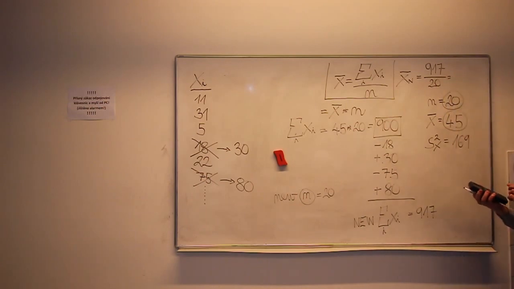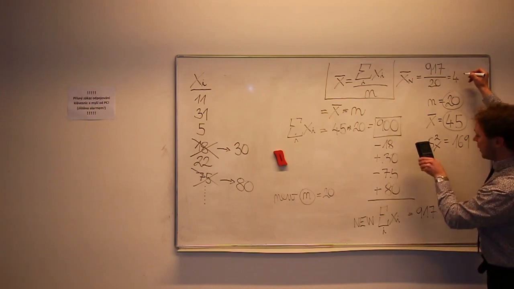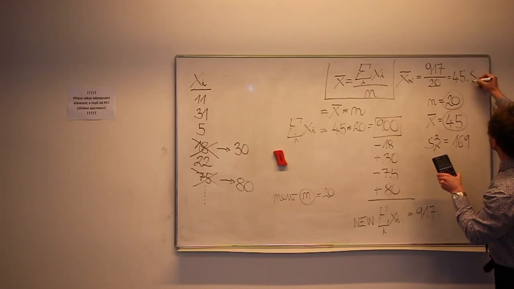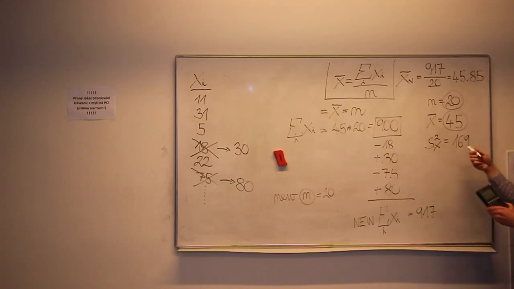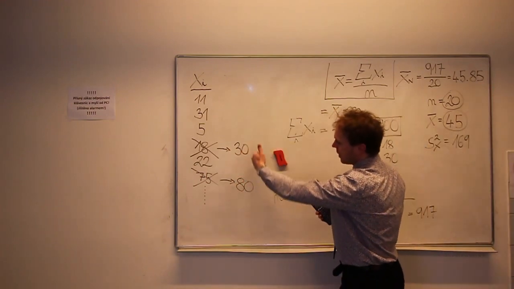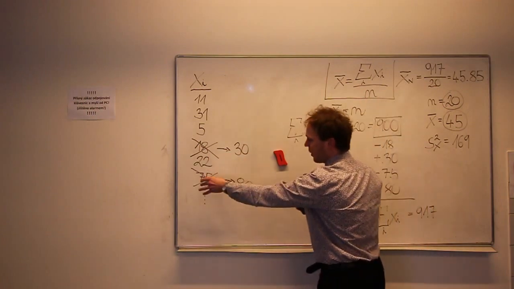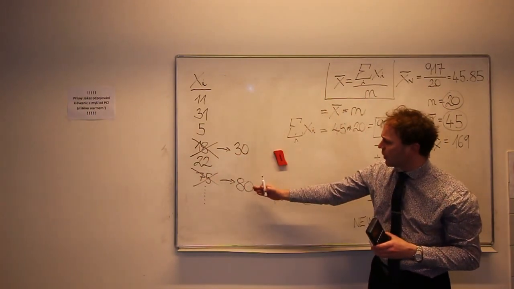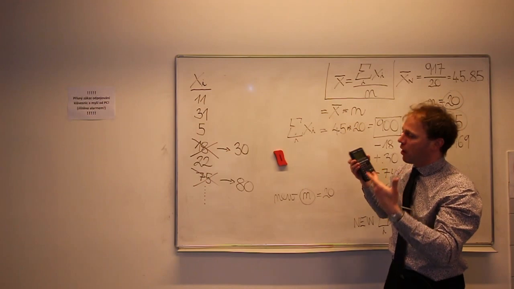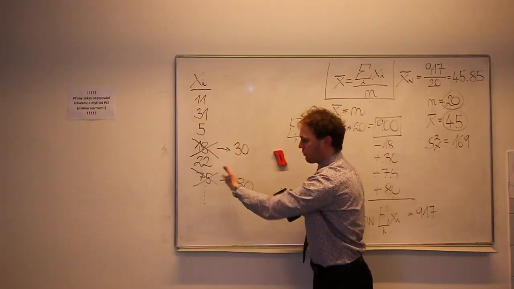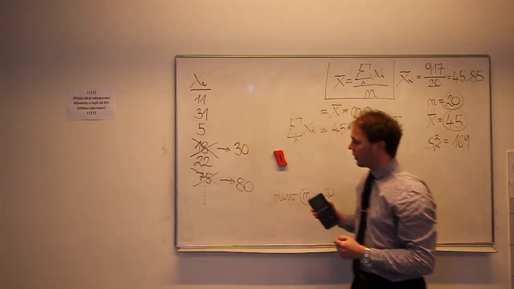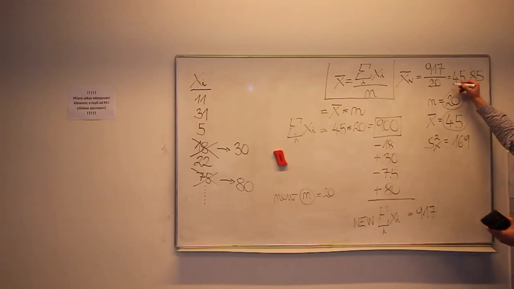Divided by 20, the new mean is a little bit higher, 45.85. The original mean was 45. The new mean is a little bit higher because I changed these values, and all the new values were higher than the original, incorrectly set values.